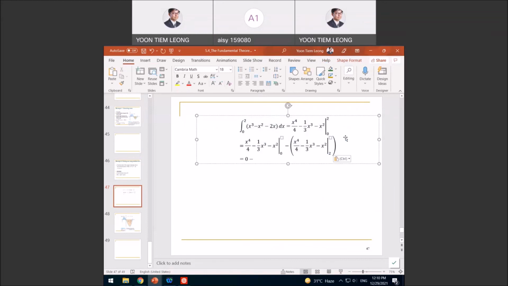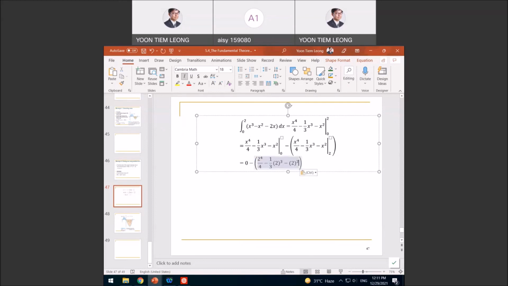Now I'm going down here, and I have a minus sign in front of this whole bracket. This whole bracket, we're going to reproduce it here, evaluated at x equals 2. So each x will be replaced by 2. Okay, so that is how I evaluate the function at 2.